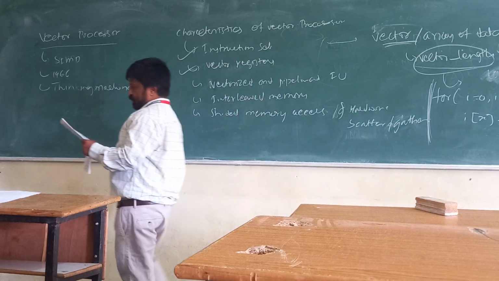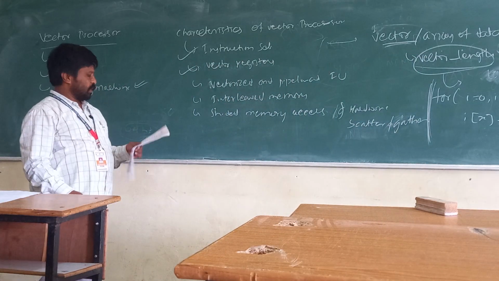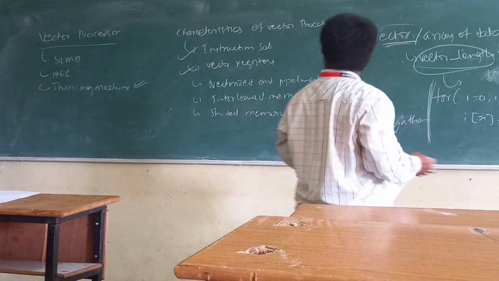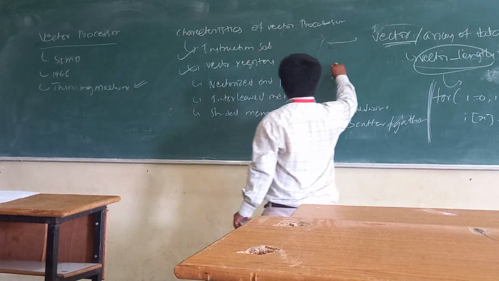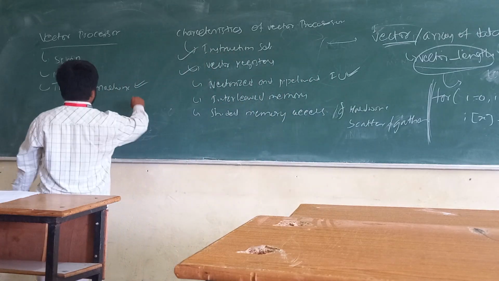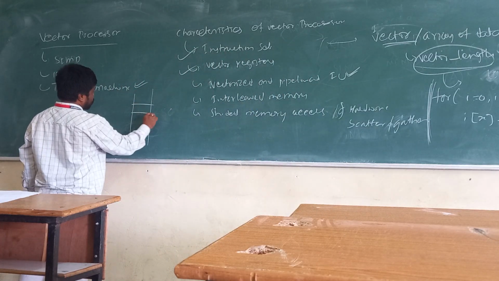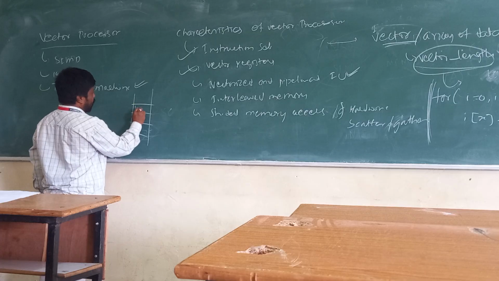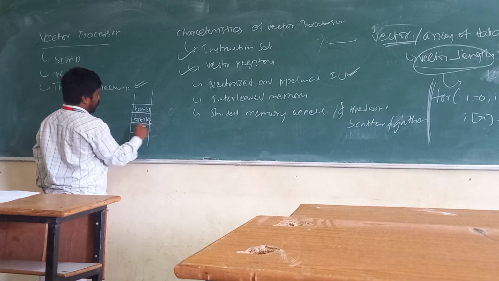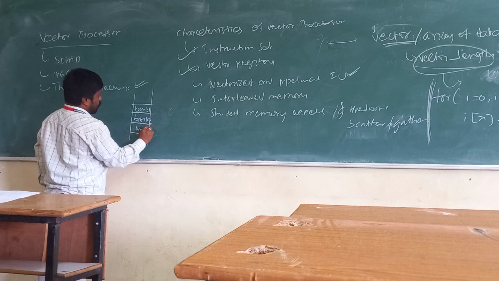Next we will see interleaved memory and pipelining. Suppose you have blocks of data in bank 1, bank 2, and bank 3.